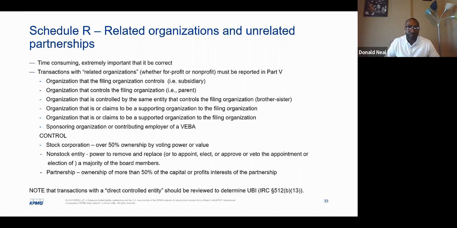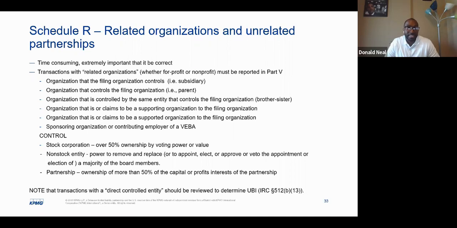Part 5 is any transactions that you have with related organizations, and that's the section we're covering here. If you have any transactions with related organizations, you have to list what transactions you are having with that particular organization.